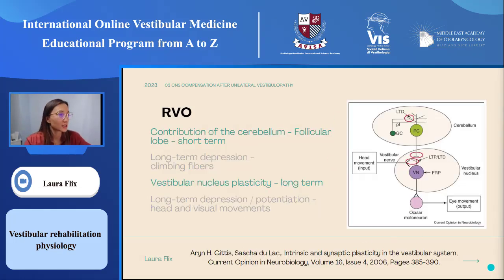And this contribution of the cerebellum in the floccular lobe will make changes in the short term to improve this reflex with long-term depression. But this change will also connect with vestibular nucleus plasticity, which will bring the improvement in the long term, this long-term motor learning, and it will also be helped by head and visual movement at this point.